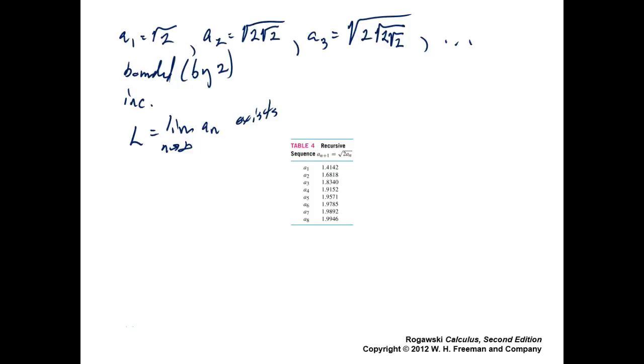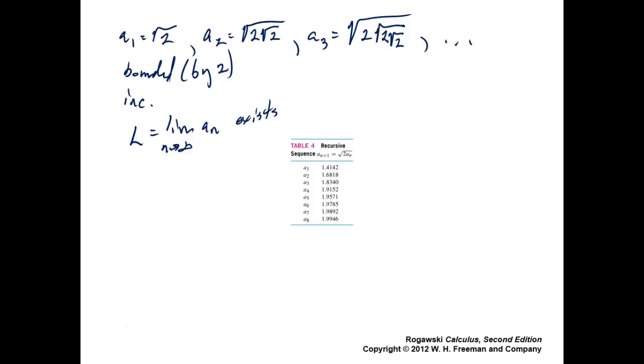Multiply that number by 2 and take the square root again. Multiply that by 2 and take the square root. Keep doing this. It's getting bigger all the time. It's an increasing function. We showed that.